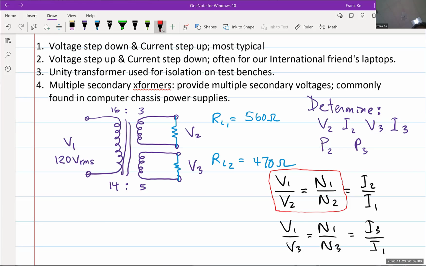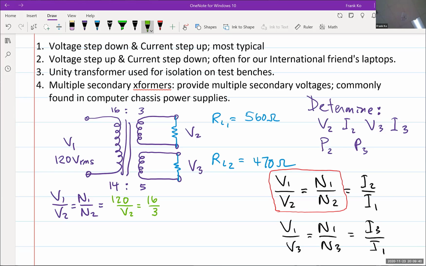We're going to use this part of the formula, what I've outlined in red. Everybody see that? I have V1 over V2 equals N1 over N2. So if I go to do the math on that, 120 over V2 is equal to, so what's my N1 over N2, Wei Ji? 16 over 3.